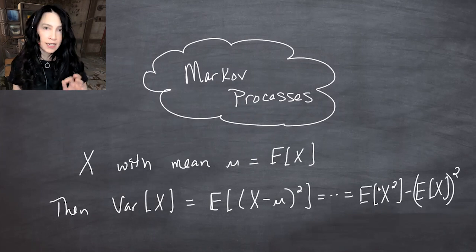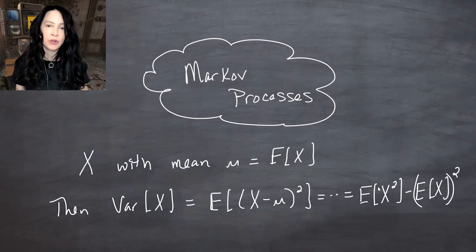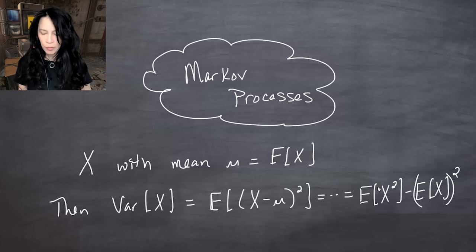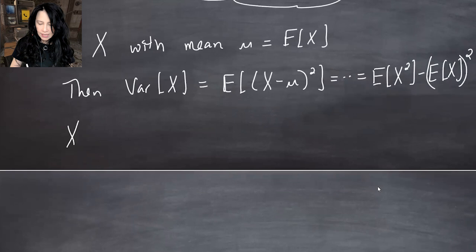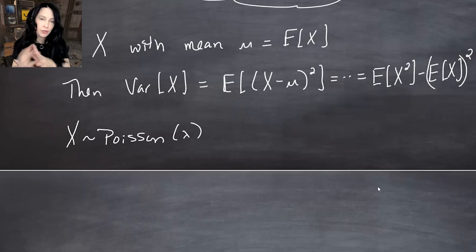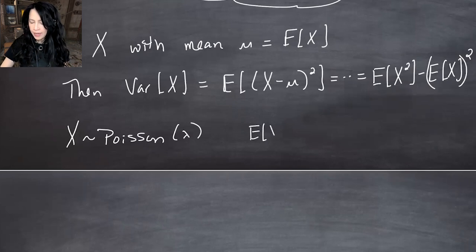So this is going to come up for us now, and actually in this homework, we need the variance for the Poisson distribution. If x is Poisson with parameter lambda, now this is not a process, there's no time here, this is just a Poisson random variable, then we saw last time that the expected value of x is lambda.